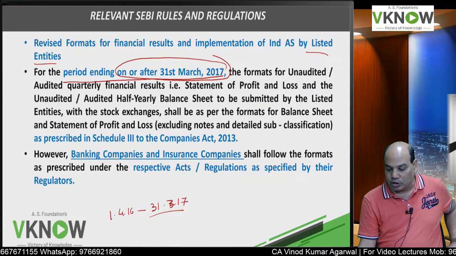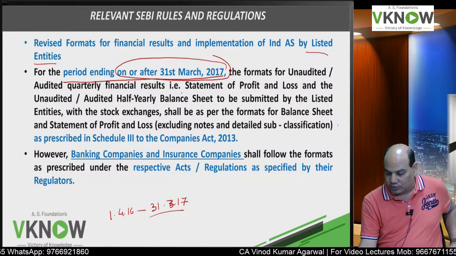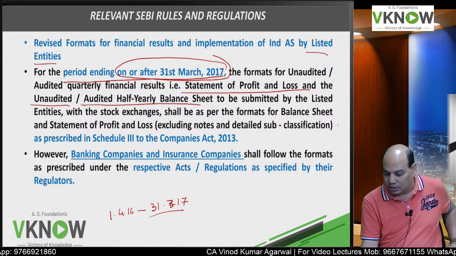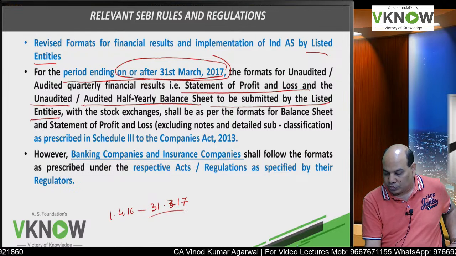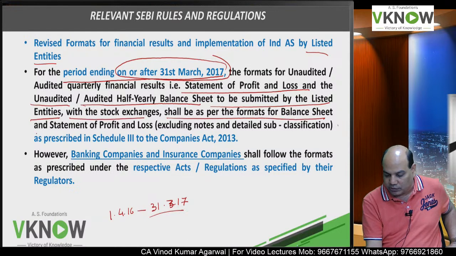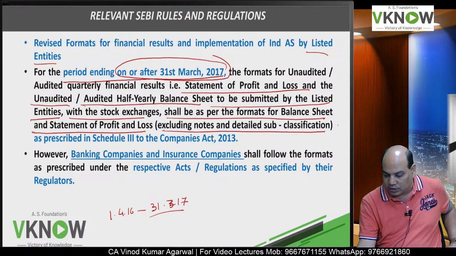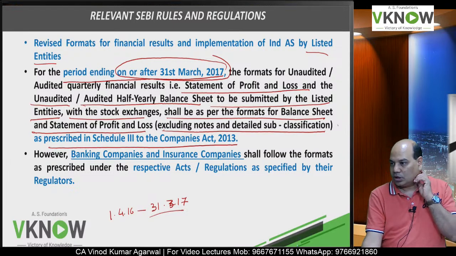The format of unaudited or audited quarterly financial statements, that is statement of profit and loss, and unaudited and audited half yearly balance sheet, to be submitted by the listed entity to the stock exchange shall be as per the format of balance sheet and P&L account, excluding notes and detailed sub-classification, as prescribed in Schedule 3.